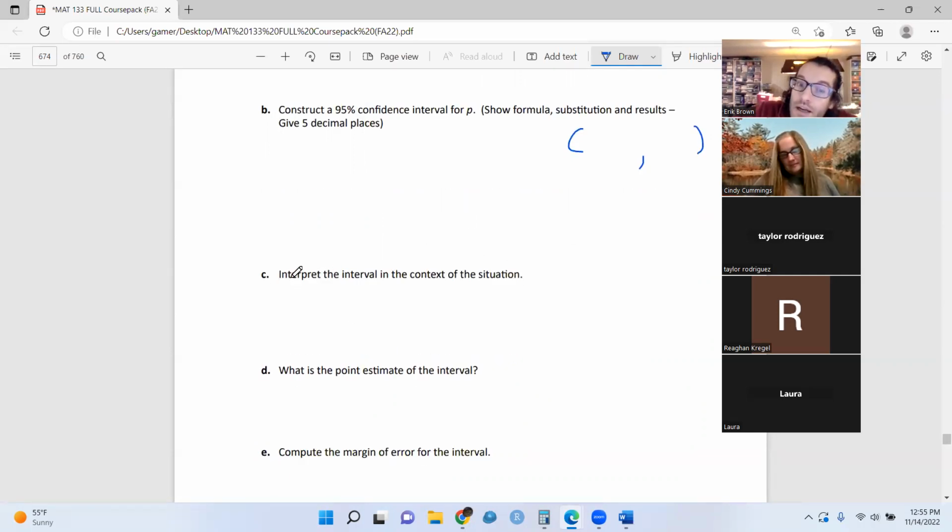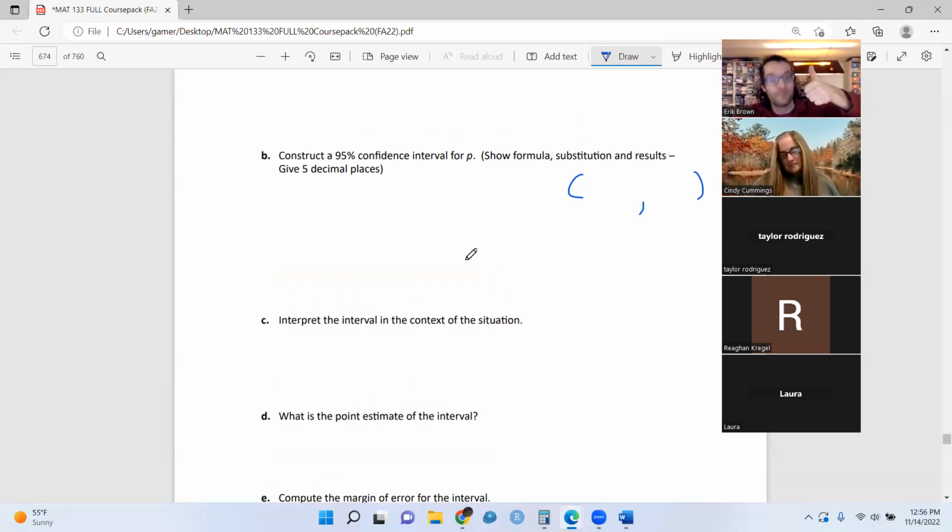Do you all remember how to interpret the interval? It's been a couple minutes since we've done that. Can anyone start the sentence? It starts with, I think we are 90% confident that, and then I don't know the rest.